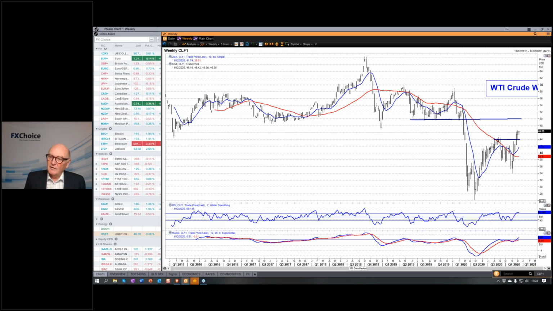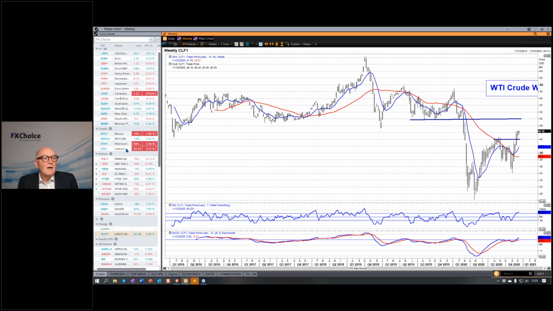So I think that it can make this move to $50 without much to stop it. There's no profit takers in between. The resistance above $50 is very, very stiff indeed, but it should continue to progress upwards.